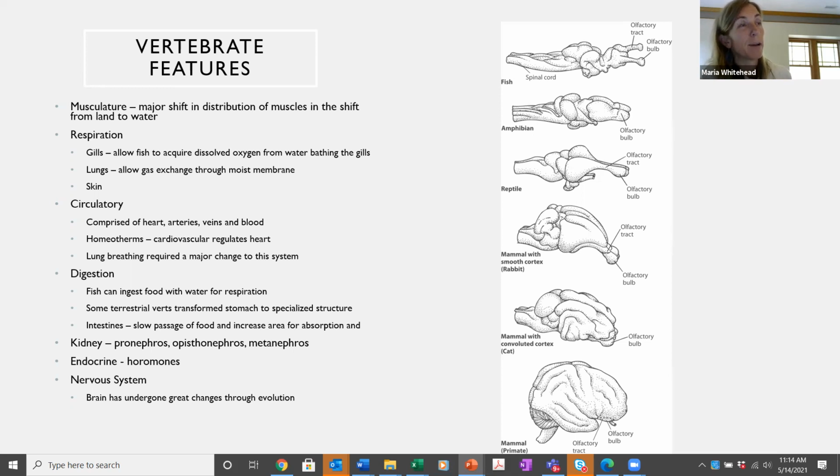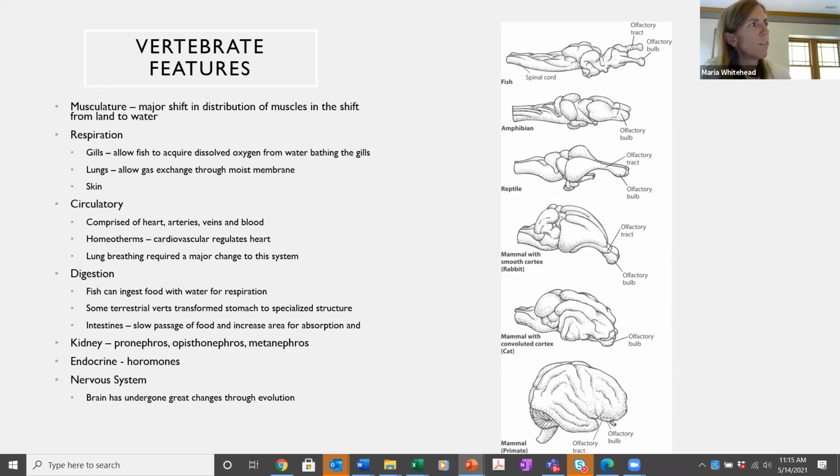Water has about 1/30 of the concentration of oxygen that we find in air. Of course, we also see gas exchange in skin. We see this particularly in amphibians. And in some amphibians, this is the primary strategy that they have for acquiring oxygen.